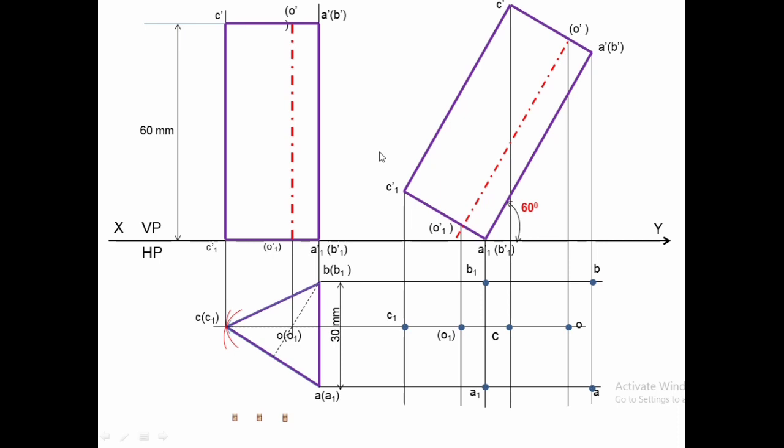Now to draw the thick and thin lines in the top view, your observer will be at the top. You can see the top face here and the longitudinal edge, the lateral edge, the longest edge. So we'll apply the thumb rules to draw the thick and thin lines. C1 is the longest edge away from the XY line. Mark it by a thick line.